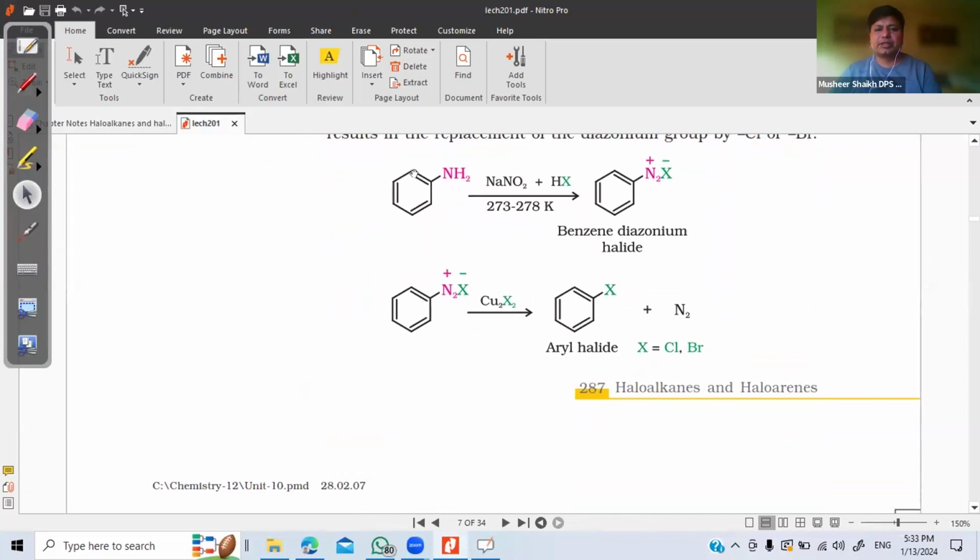This is another reaction, the Sandmeyer reaction. For the Sandmeyer reaction, we have to prepare the benzene diazonium salt first. How is it formed? Aniline reacting with NaNO2 plus HX.